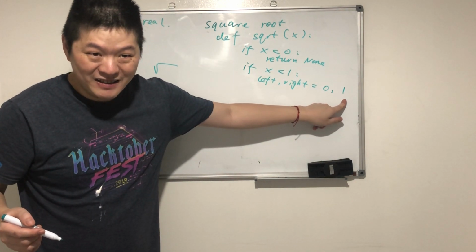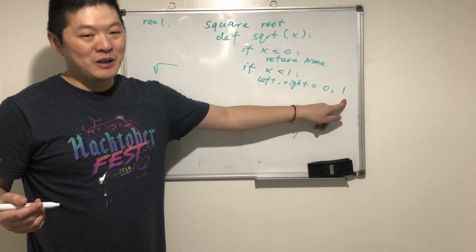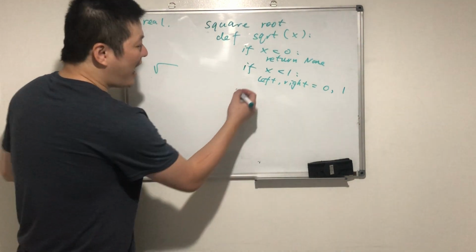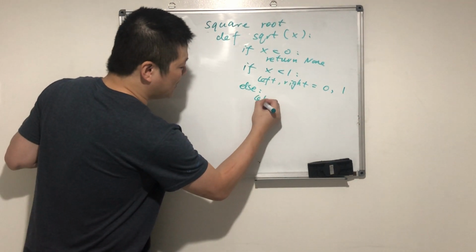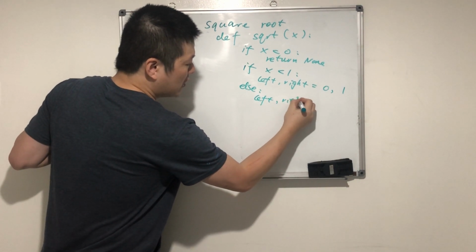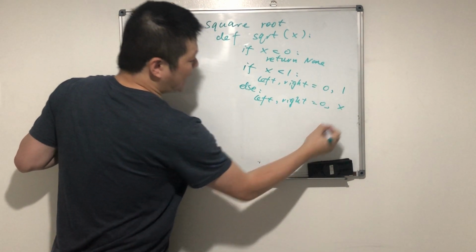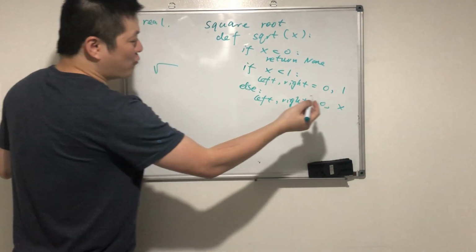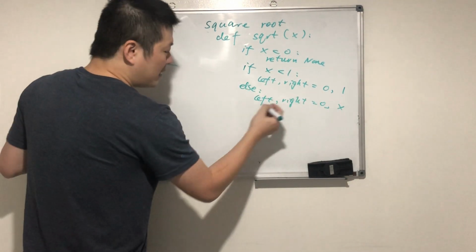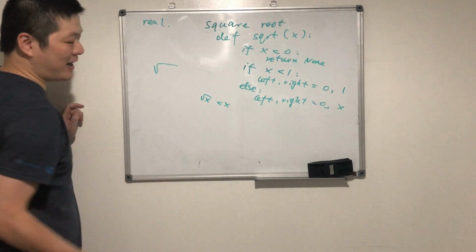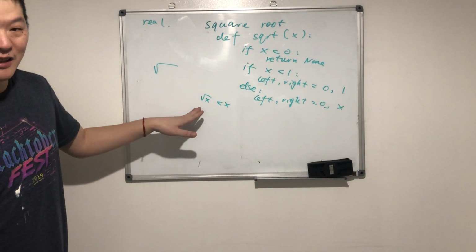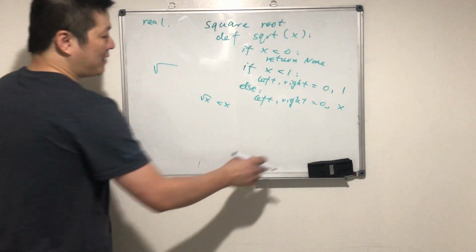Otherwise, if x is bigger than 1, left is 0 and we set right to x, because when x is bigger than 1, square root of x is smaller than x. Got it?